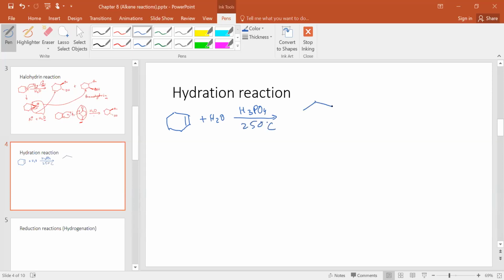The reaction happens via electrophilic addition of water. This reaction is very harsh, so practically it is not used much, and it is used for simple alkenes, not complex alkenes. Another, milder reaction is called hydroxymercuration reduction.